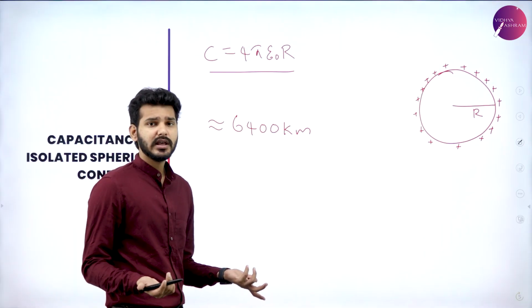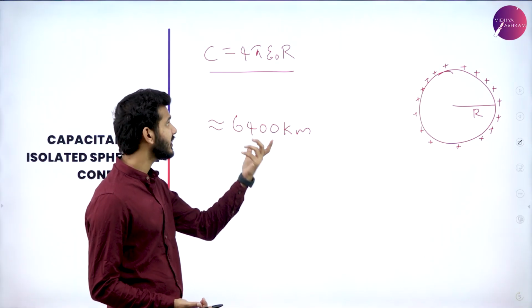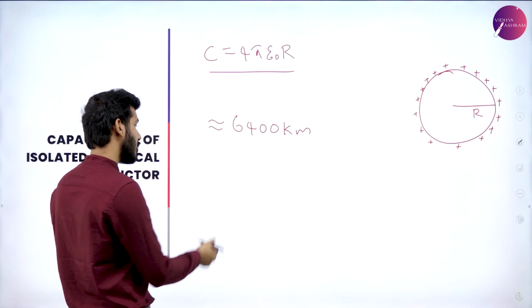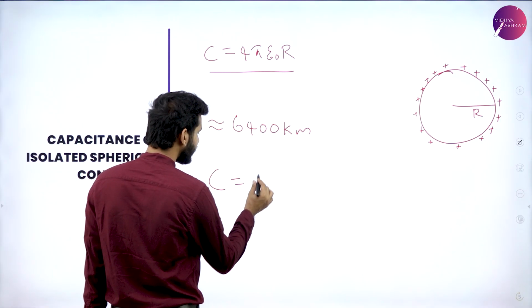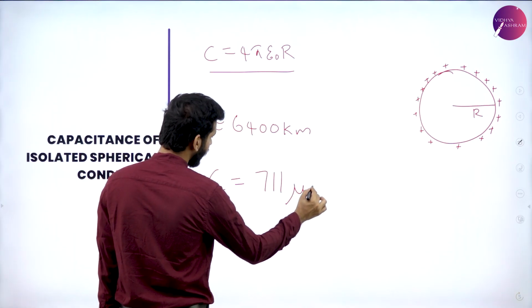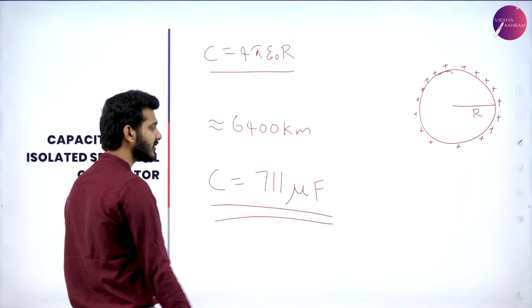And we don't need any other factor, only the radius is the thing affecting the capacitance. So we can substitute that directly here and we'll get, voila, the capacitance of Earth to be 711 microfarad, because the unit of capacitance is nothing but farad.